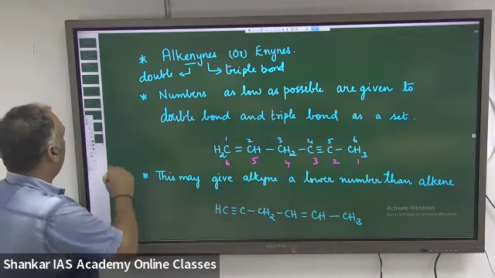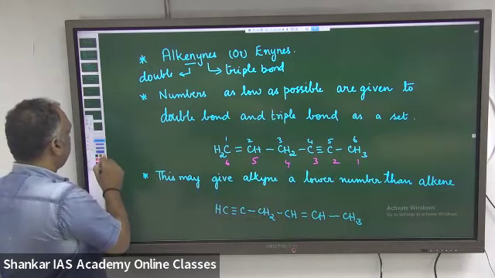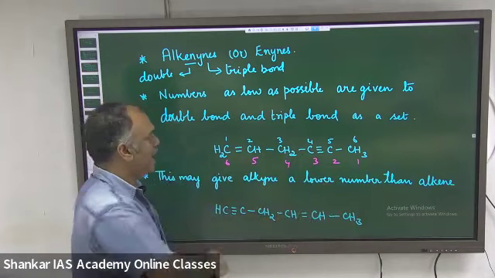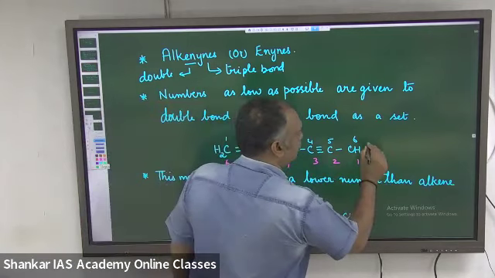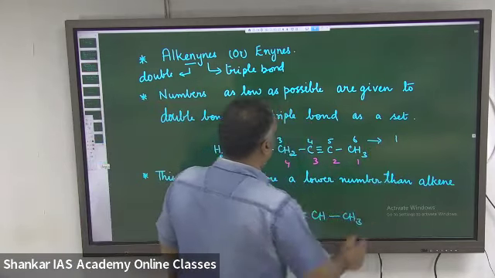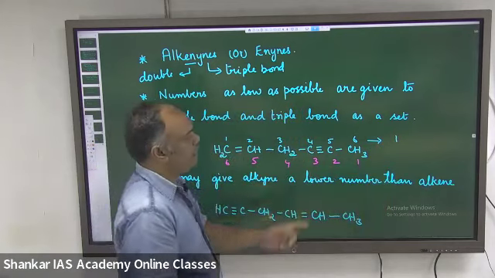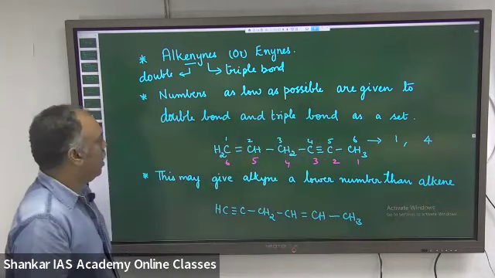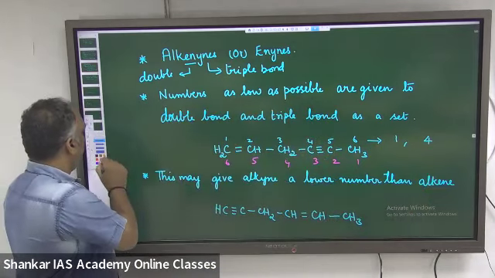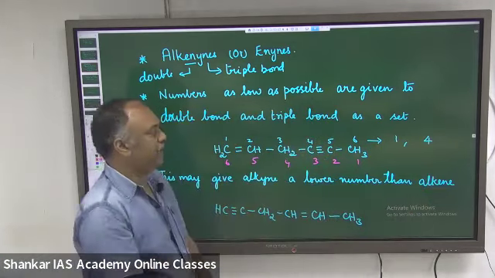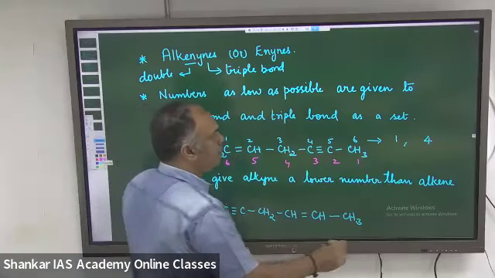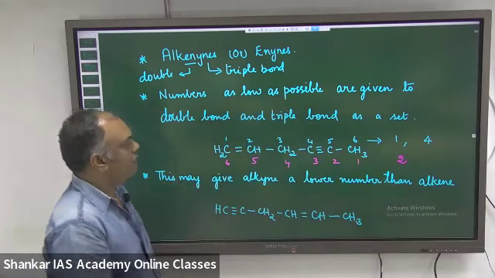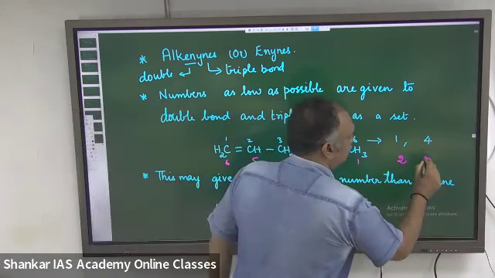When numbering from left to right, I have a double bond at first position and a triple bond at fourth position. On the contrary, when numbering from right to left, I have a triple bond at second position and a double bond at fifth position.